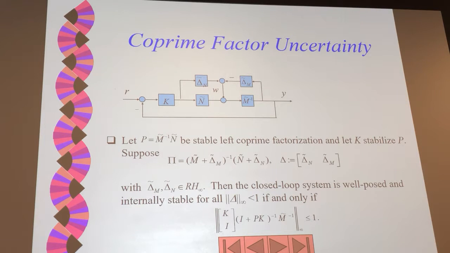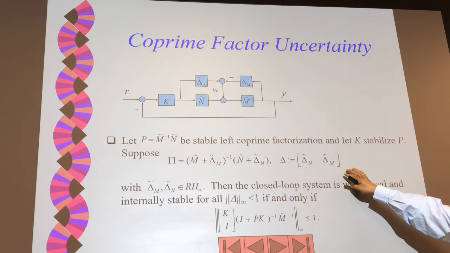Okay. Then you stabilize that. So this M-tilde, N-tilde, you contain uncertainties in M, uncertainties in N. So this is a co-prime factorization uncertainty.